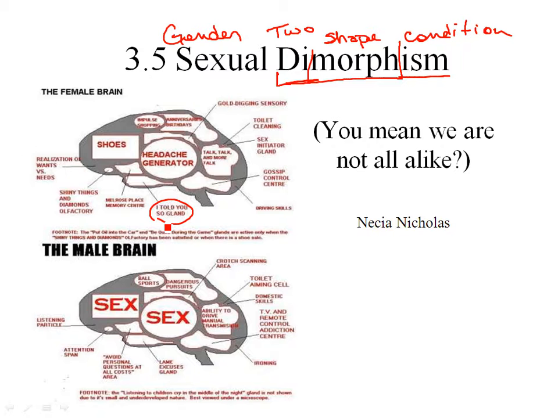Realization of wants versus needs, that's a really small place, right? Compared to the listening particle on the male, and the ironing skills, domestic skills, toilet aiming. Yeah, you get the picture. Anyway, just wanted to give you a little something there to break the ice and get your brain warmed up.